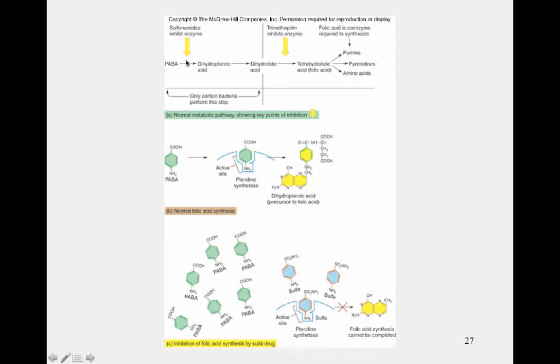So one of the group of these drugs, sulfonamides, inhibits the enzyme that converts PABA to DHA. Trimethoprim inhibits the enzyme that will convert the DHF to THA, or folic acid. So they're basically halting the pathway at different steps along the way.